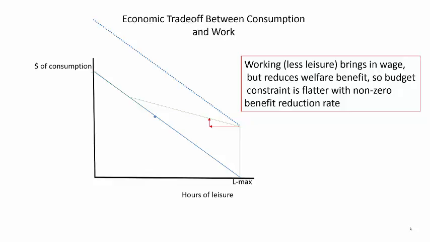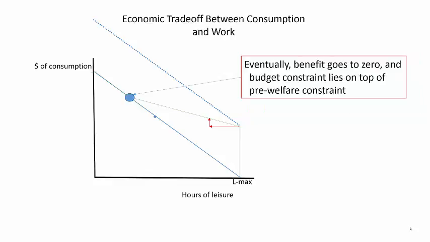Instead, an hour of work increases income by the wage minus the welfare benefit reduction with more earnings. Thus, in this range, the slope of the budget constraint falls to something smaller than the wage in absolute value. Eventually, as income rises enough, the welfare benefit will be reduced to 0, and at that point, shown here by the blue dot, the budget constraint returns to its original position without the welfare program.